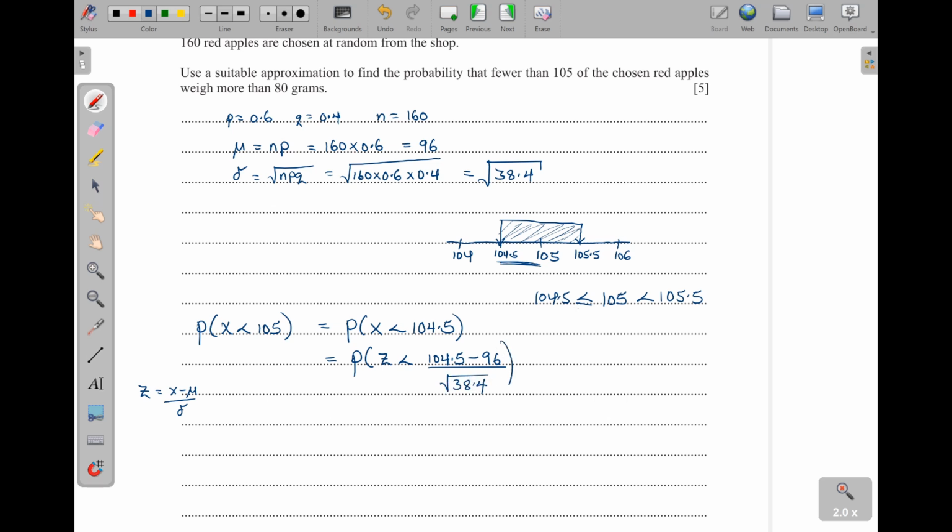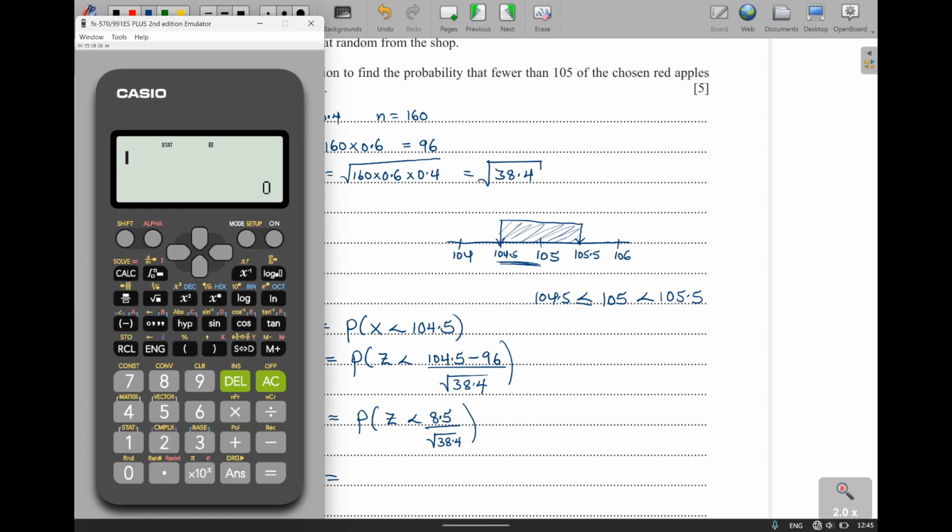Okay, so I can put this in the calculator straight away and I get the answer. I can have the probability of z less than 104.5 minus 96, which gives us 8.5, and I can leave this 38.4 here. Then I can use the calculator straight away and we get our answer.